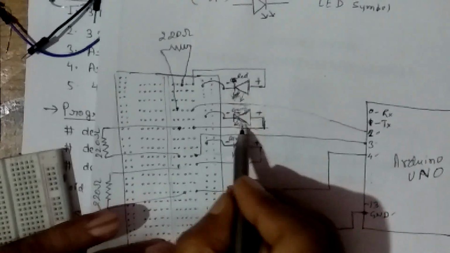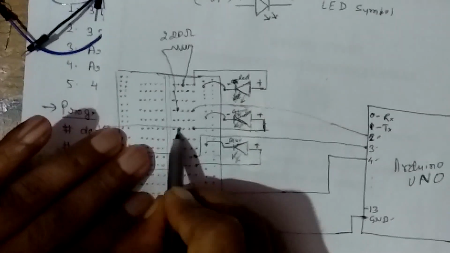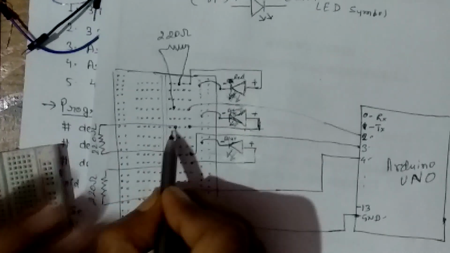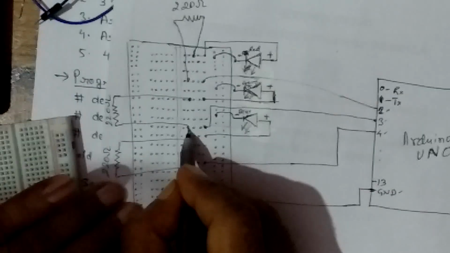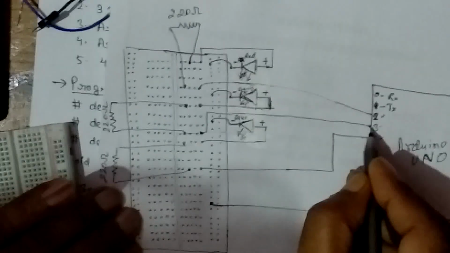Similarly, the anode of the green LED is connected with this series line, and 1 pin of this resistor is connected with this series and the second pin of this resistor is connected in this vertical series, and 1 connection is connected with pin number 3 of the Arduino.